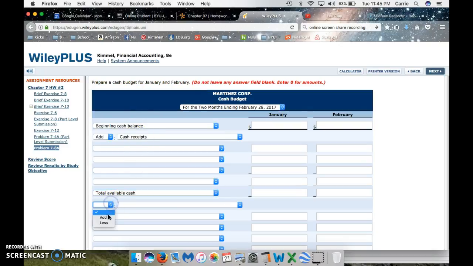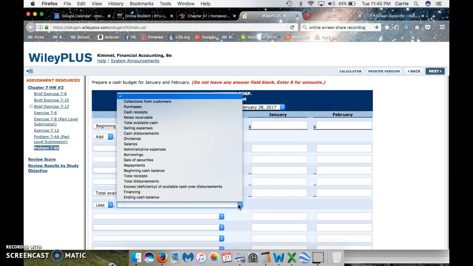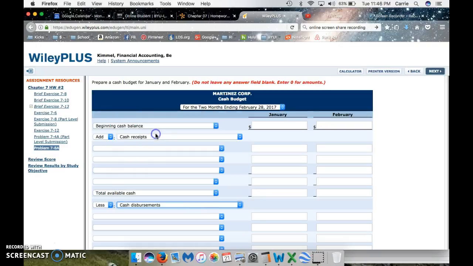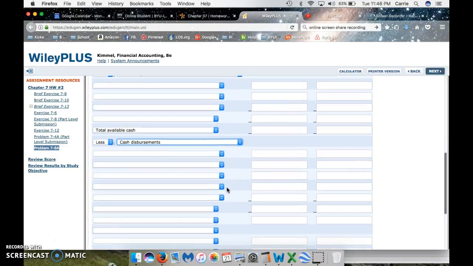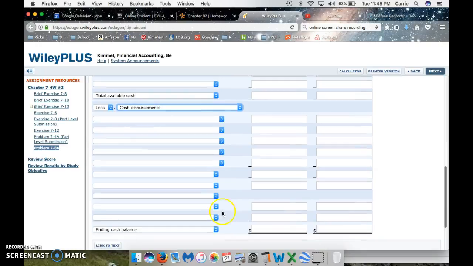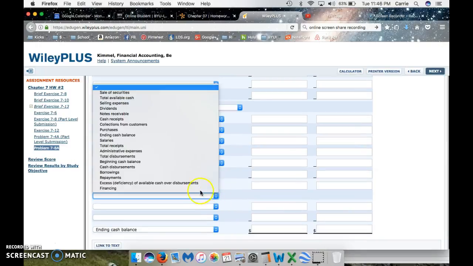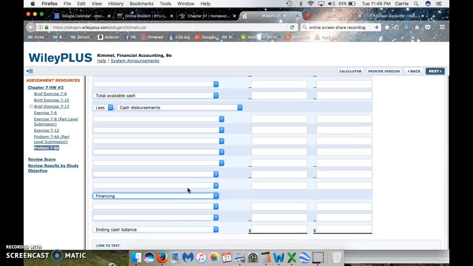So then we subtract out our disbursements, not total disbursements, cash disbursements. And then we get down here. This is where the third section will be, so that's financing. We know that. Oh, look, I already have ending cash balance in there. So this will be right above that.